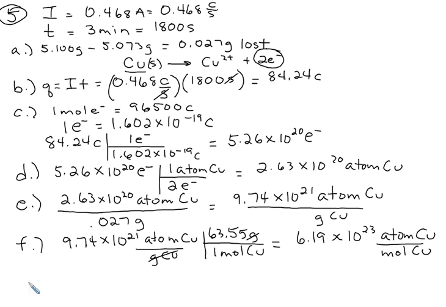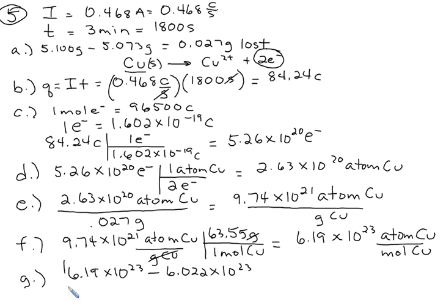And then the last step says, find your percent error. Well, what's our percent error? Percent error is the difference between what you calculated, 6.19 times 10 to the 23, and what it should be. And what should it be? It should be 6.022 times 10 to the 23.